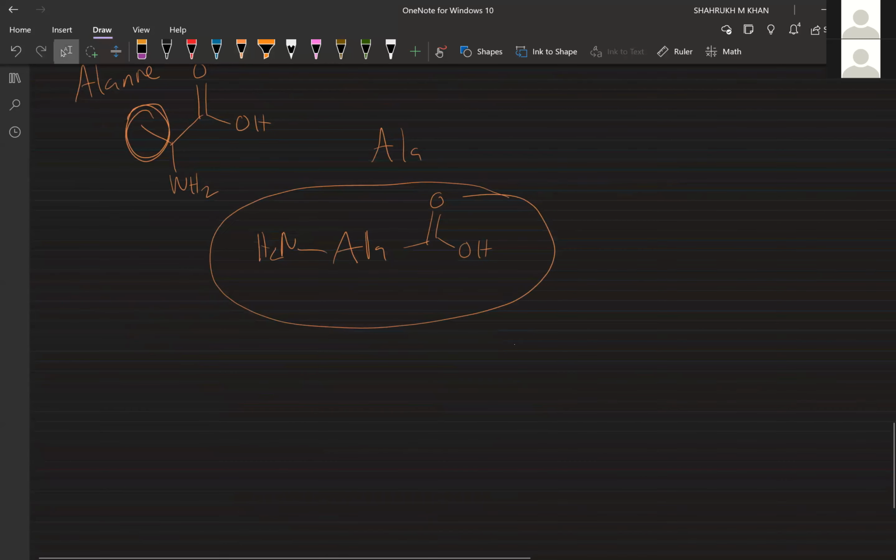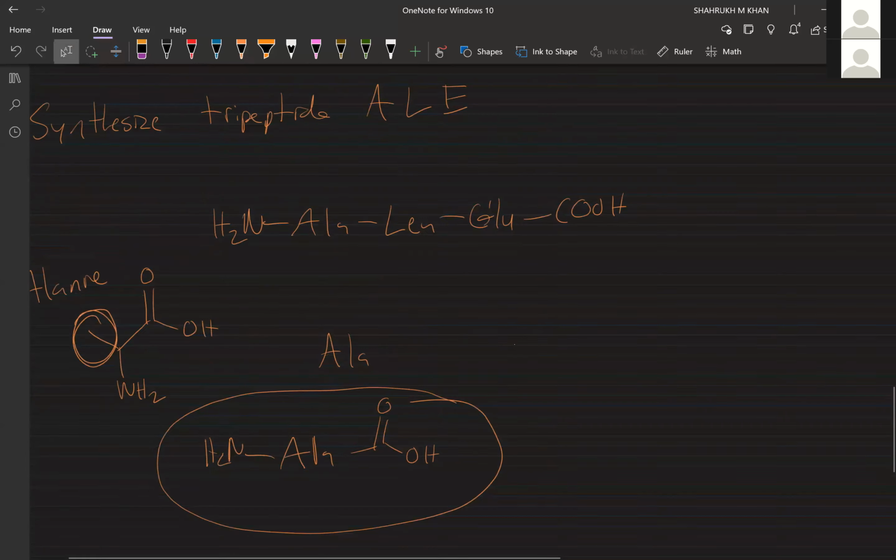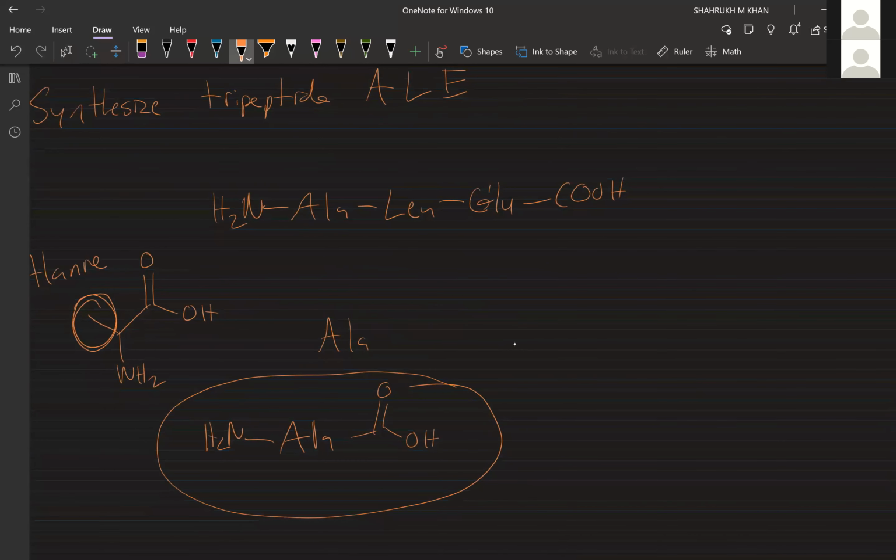The first thing we want to do is bond ALA to LEU. So what we're bonding is what terminus of ALA to what terminus of LEU? For ALA, it's going to be C, and for LEU, it's going to be N. So you're always doing the C-N bonding.